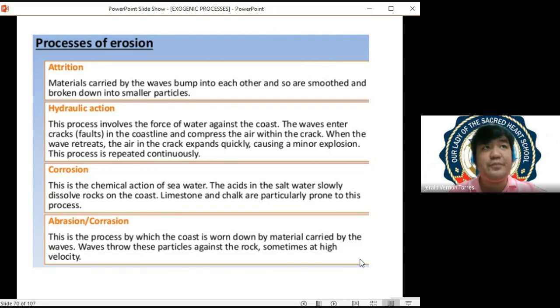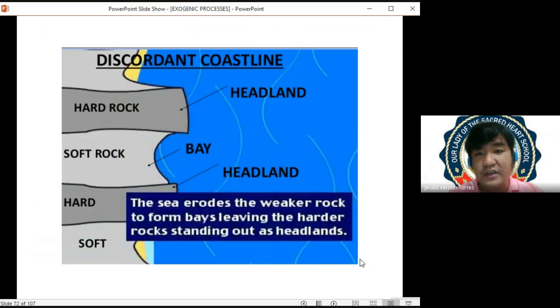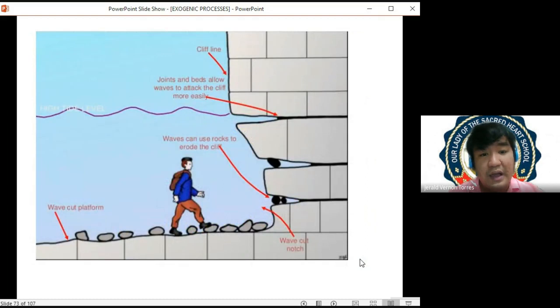Another erosional process that we need to consider would be what we call hydraulic action. Okay, let me show you a picture here that can show you hydraulic action. So usually class, dun sa mga rocks natin along coastal area, may mga fractures yan. There are fractures. Tulad nito, if you would observe here, may mga fractures present in the rocks along the coastal area. So nangyayari, yung mga fracture na yan, meron yung air spaces sa loob.